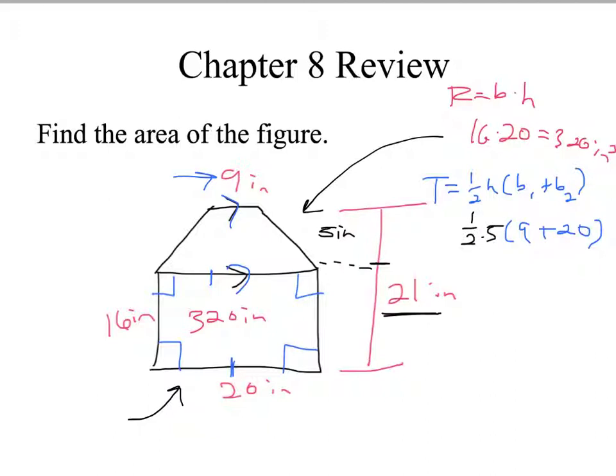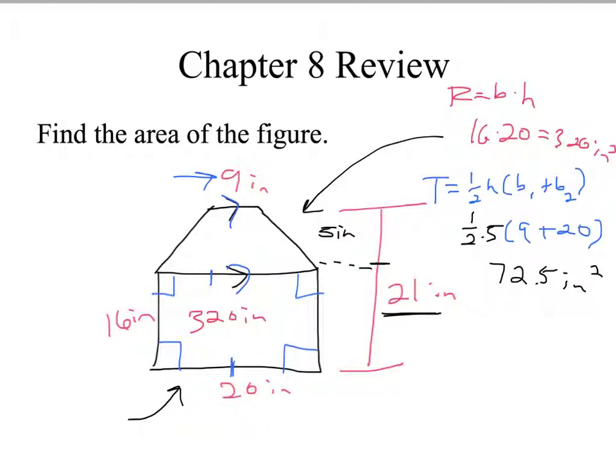So when you do this, you take 9 plus 20, which is, of course, 29. Then you multiply that by 5, and then divide by 2. So you get that this shape is 72.5 inches squared. Again, it's still inches squared.